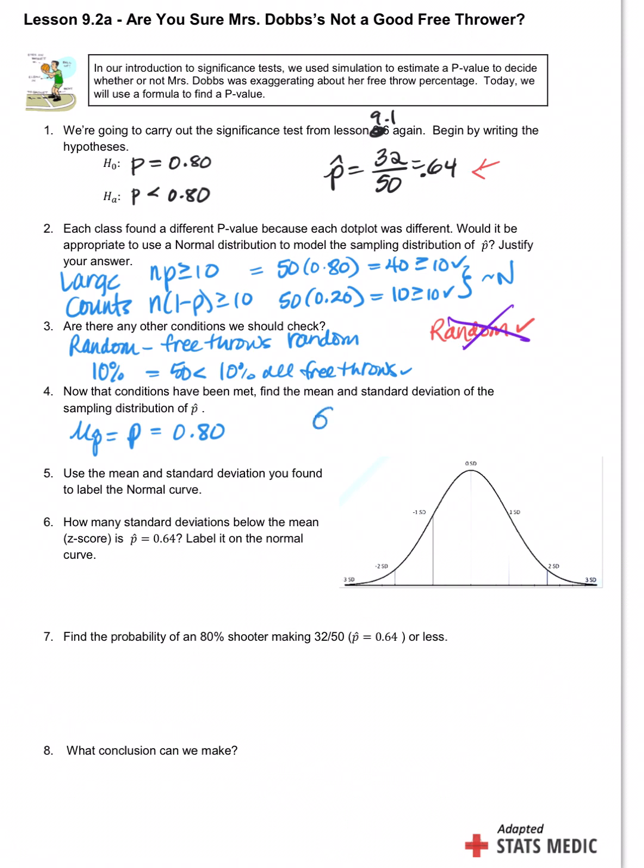The standard deviation of all the p-hats, this is straight off your chart. We use that. That's going to give us the standard deviation. 0.8, 0.2 over 50. Take a big fat square root of that.